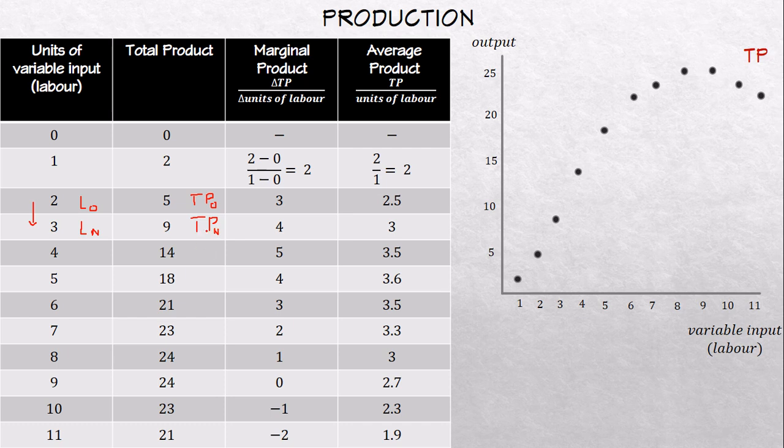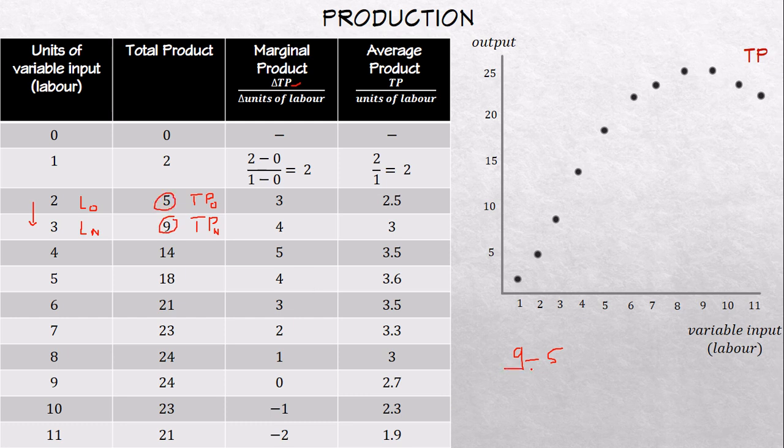Okay, so now to find the marginal product, it is going to be the change in the TP. The change in the TP is going to be the new one minus the old one, all over the new labor minus the old labor. So it is going to be 9 minus 5, so this 9 over here minus this 5.